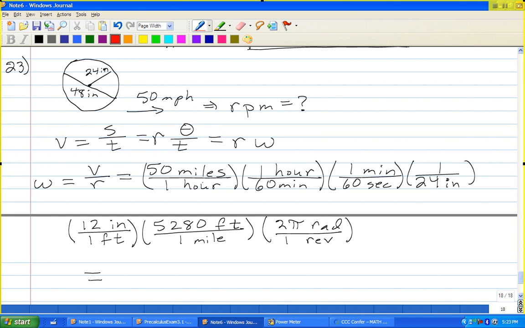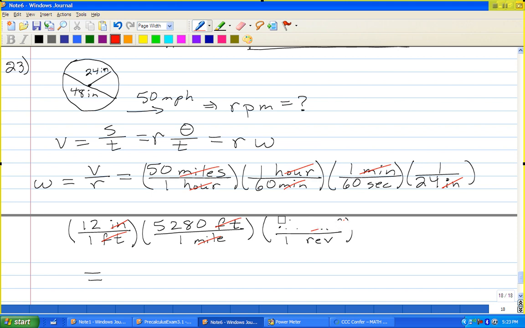Okay, notice, hopefully, miles cancel with miles, feet cancel with feet, inches cancel with inches, minutes with minutes, hours to hours, and this was given in radians, so the radians cancel, and so now you get, ooh.